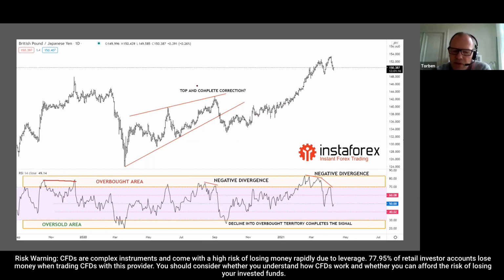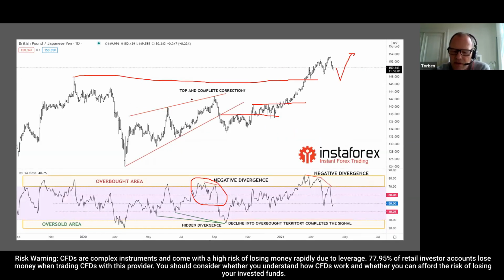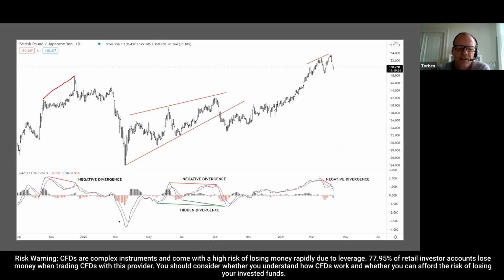So sometimes the different indicators can be quicker to show this, and it's fine. This is an absolutely valid signal and a good indication that this is a temporary top, that you should expect at least some kind of correction.